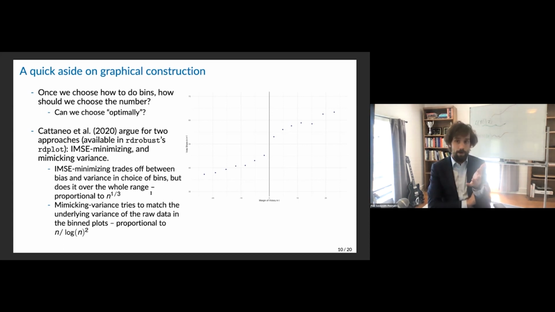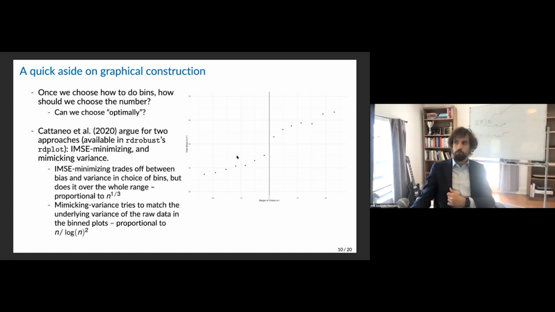Remember, the mean squared error is the sum of the bias and the variance, right? So I can actually see what it's trading off between, because I know what the true values are and I know what it's approximating. I can see the bias and the noise around them as well, and it's trading off between the two. But the key caveat, so this is a picture of it on the right here.